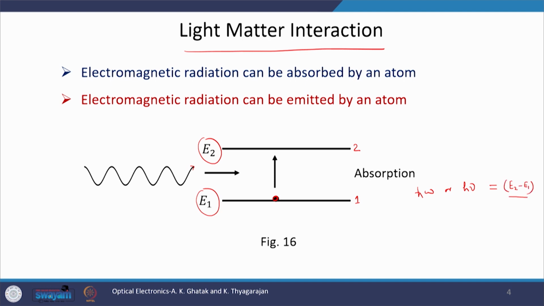If a photon of this energy is launched into this atom, then there is a finite probability that the electron from energy level 1 may transit to energy level 2, and in this process the incident photon is absorbed by the transiting electron or the atom, and this process is called absorption.